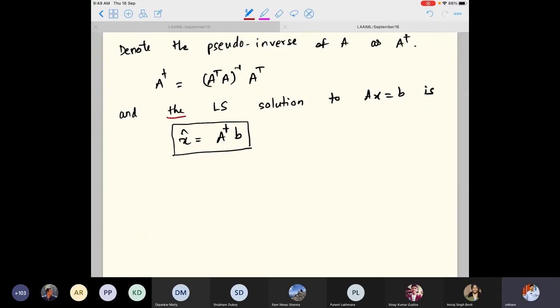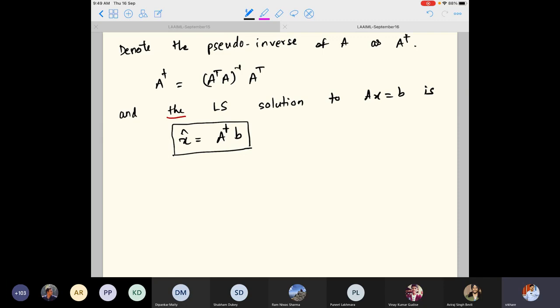Is this fine? This is the least squares solution. Okay, so this is the calculus way of looking at the least squares solution. There is another interesting way in which you can see what the least squares solution is. The calculation that I'm going to do, you might encounter in many statistical computations, which are typically done by adding and subtracting a certain term, in things like analysis of variance.